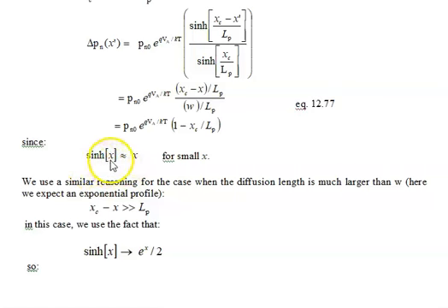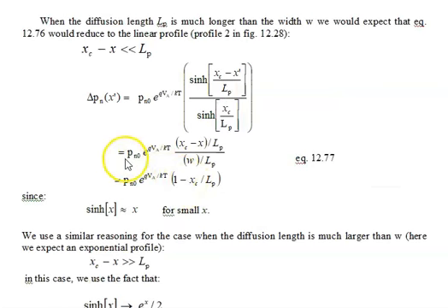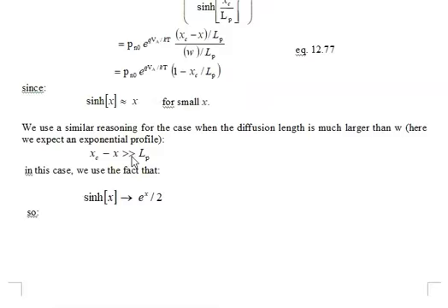If I measure the argument of the sine in radians, the sine of the angle is approximately equal to the angle. And then I get a constant, what? A constant diffusion current. That's the good one.